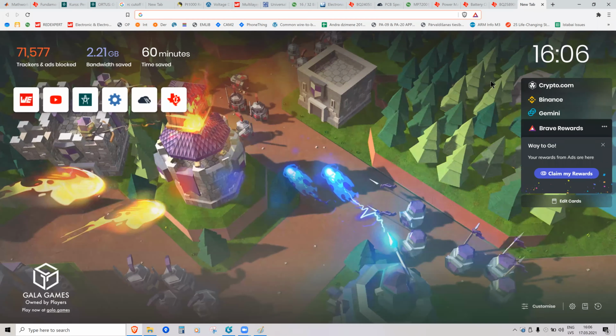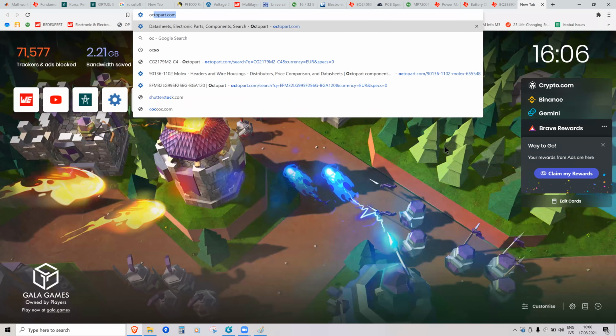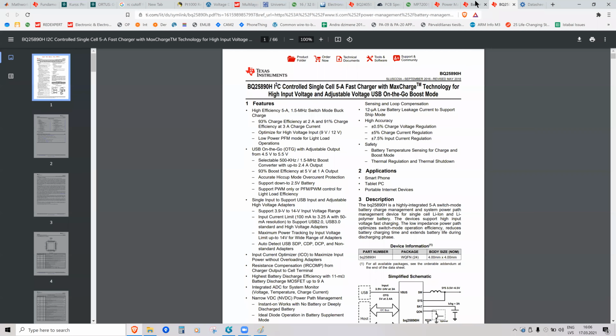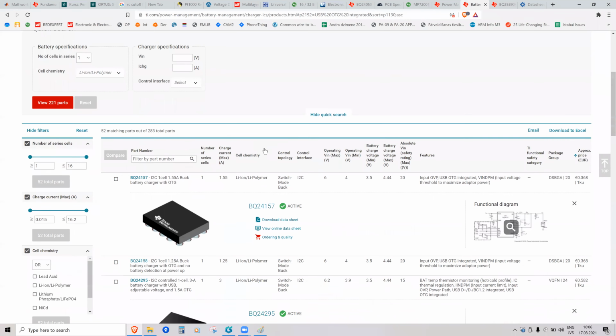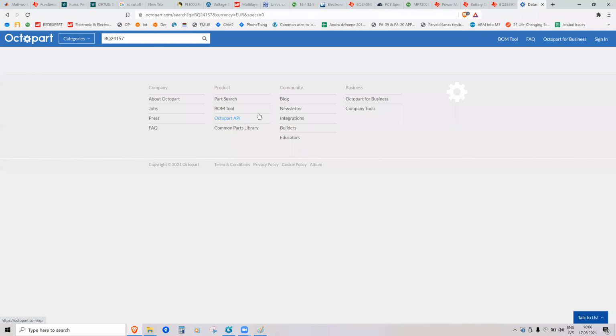And by the way, one way to look for components is using Octopart. Let's say I found this chip and then I want to buy it. I would copy its part number and paste it in Octopart.